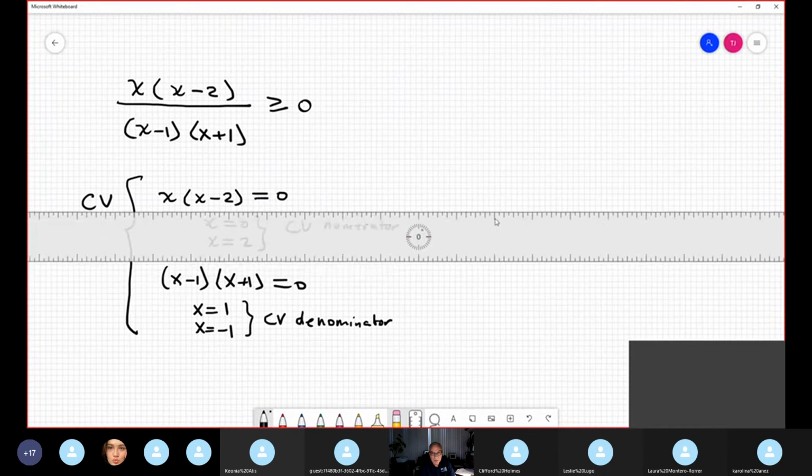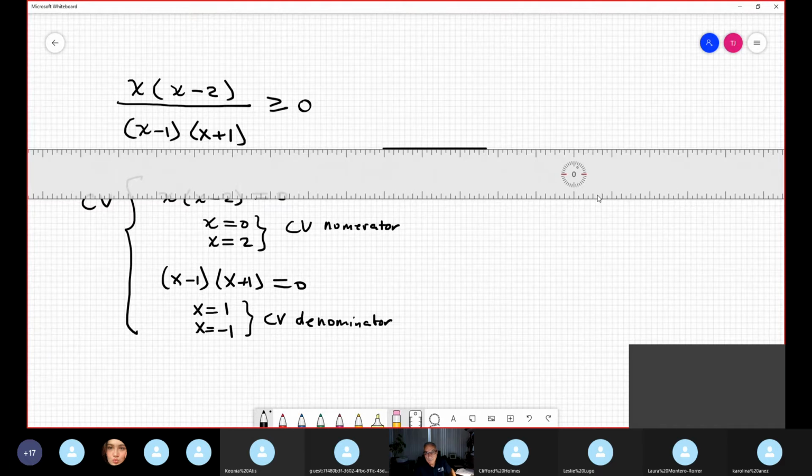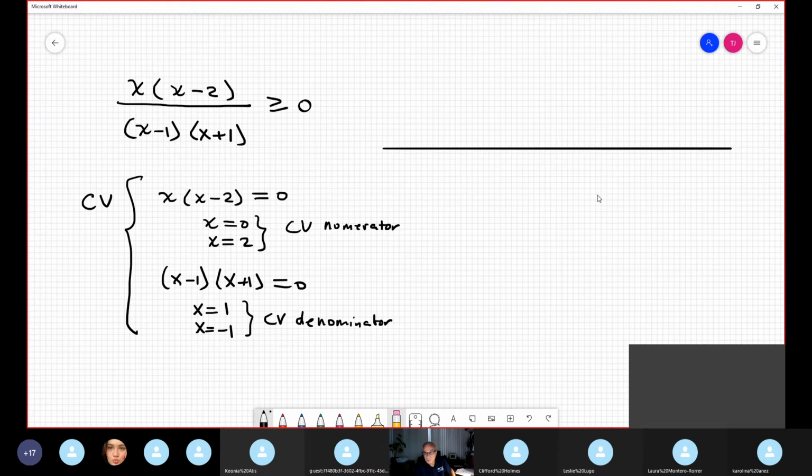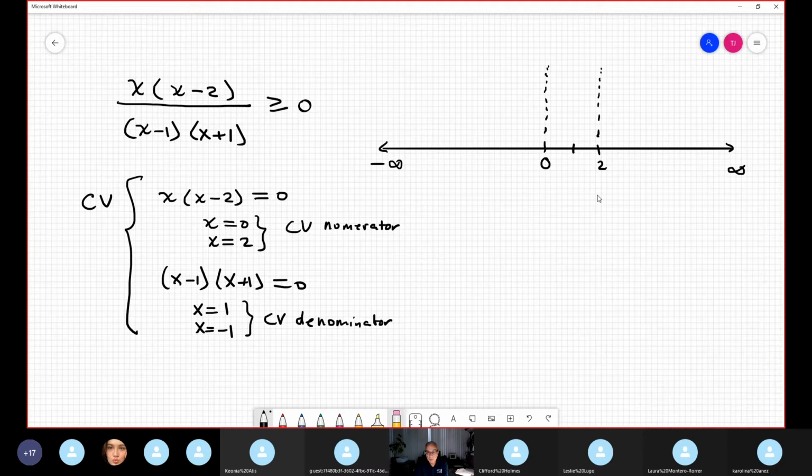Well, number line. Using the critical values to make a partition. Okay, 0 is in the middle, critical value of the numerator. 2, another critical value of the numerator. 1, critical value of the denominator, in the same category.